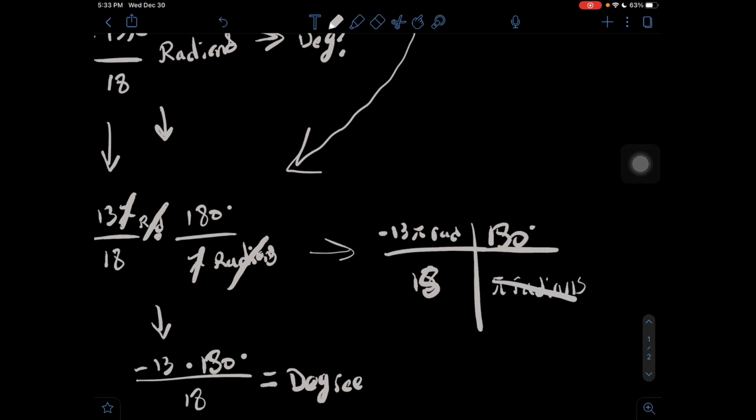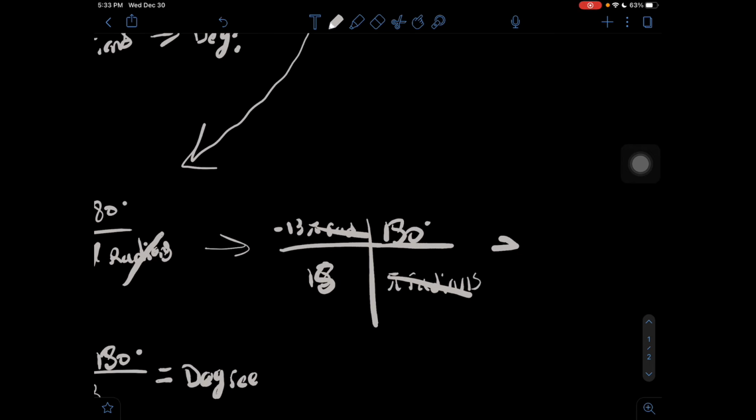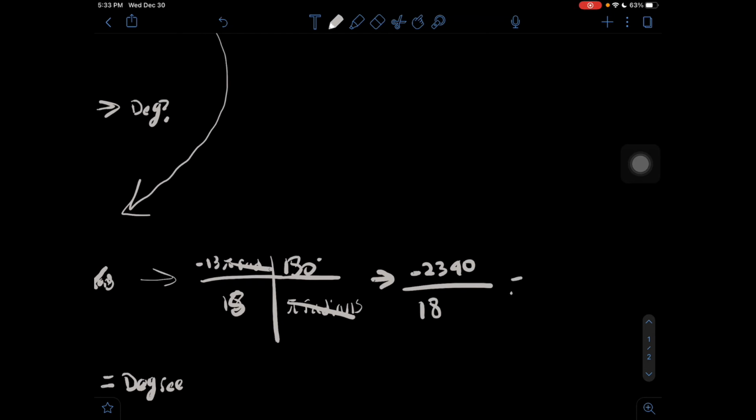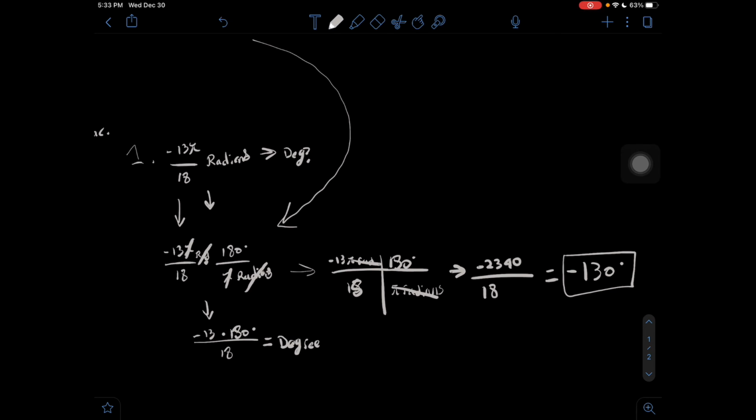Pi radians eliminate each other, and you're left with negative 13 times 180, which is negative 2,340, divided by 18, which should give you an answer of negative 130 degrees. That is your final answer, meaning that negative 13 pi over 18 radians is actually negative 130 degrees.